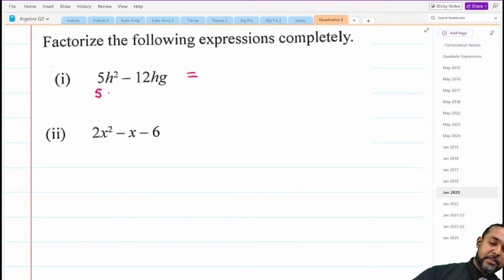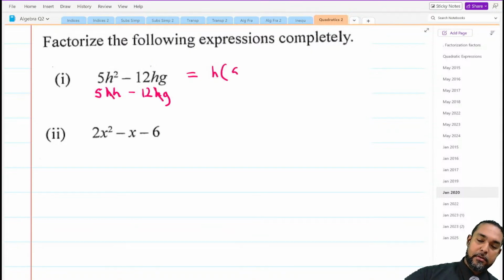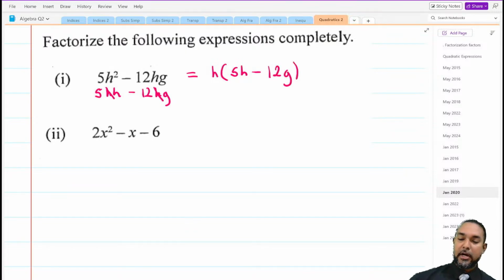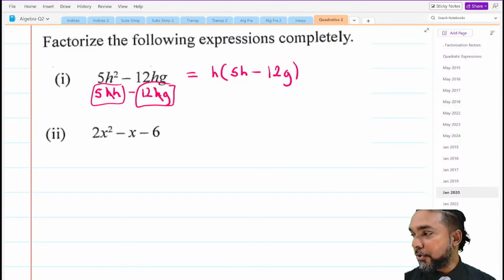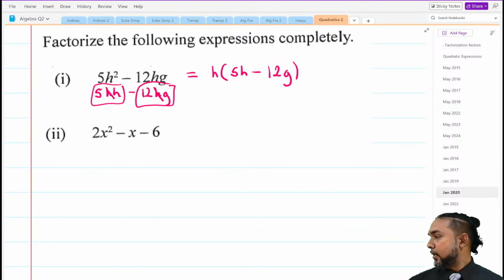Because h squared is actually h multiplied by h, and then the minus 12hg. So the common factor here is the h. Now when you pull out the h as the common factor, what goes in the bracket? 5h and 12g. Right? Because what are we actually doing? We're dividing each term by the common factor. Or if you write it out like the product of its factors, you can cancel out the common factor. Yeah, that's good. Very good.